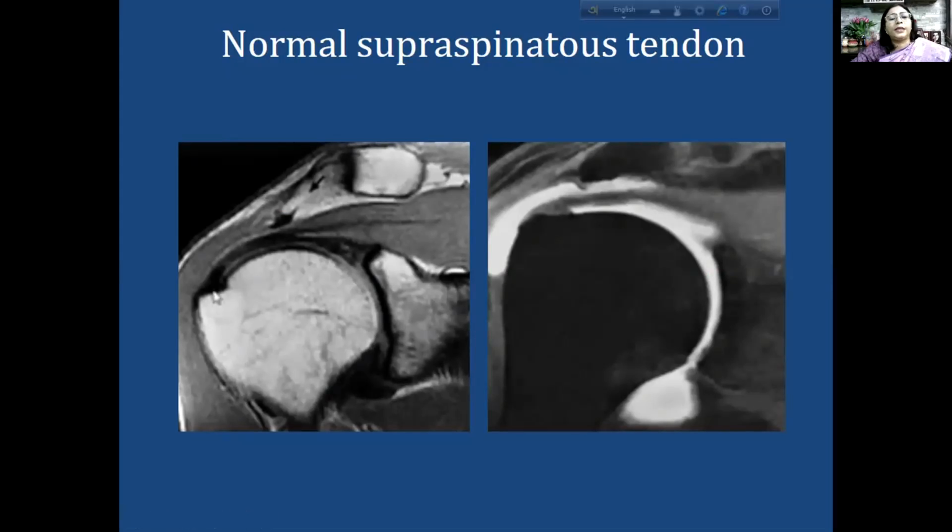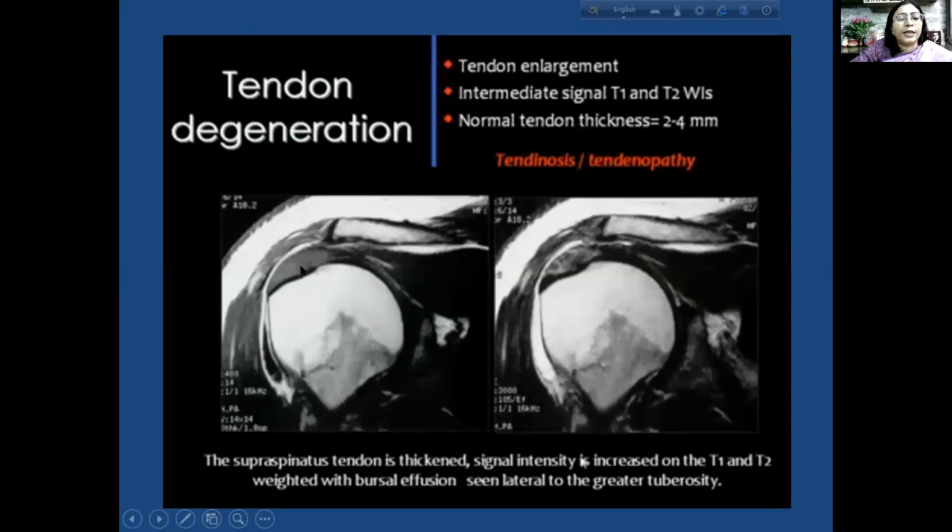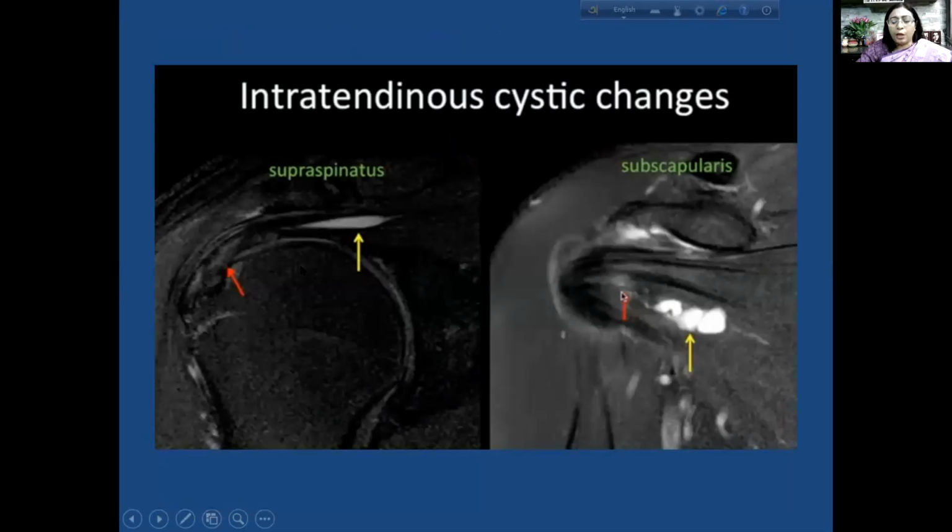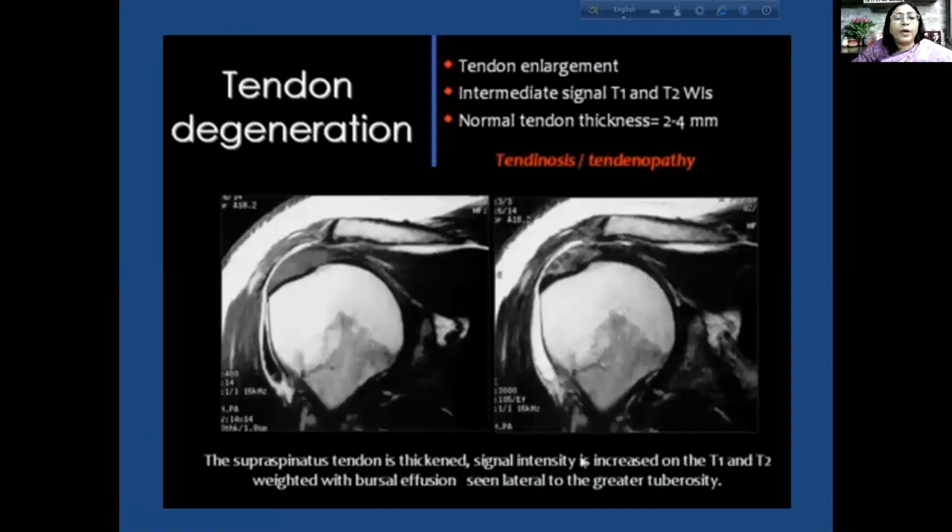When there is degeneration or collagen degeneration, the collagen fibers become disoriented, and loosely bound water molecules give the intermediate signal intensity in the MR image. When there is a tear, there is complete or partial disruption of the collagenous fibers with free movement of water molecules, giving the fluid signal intensity.